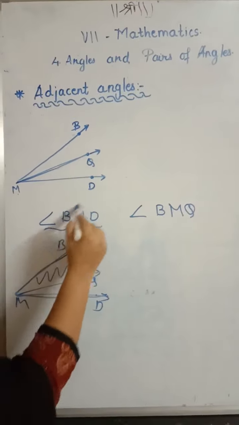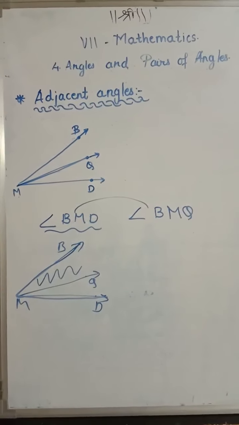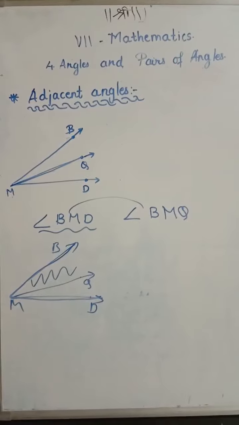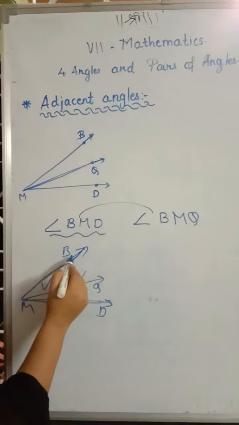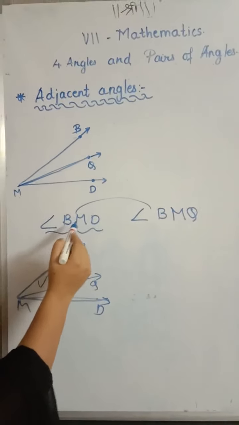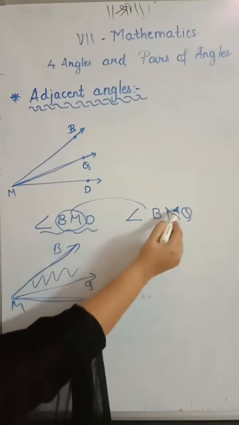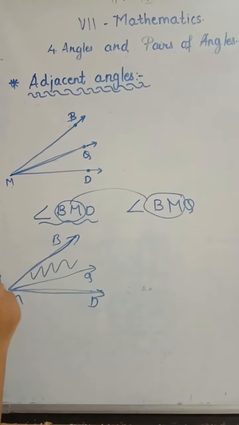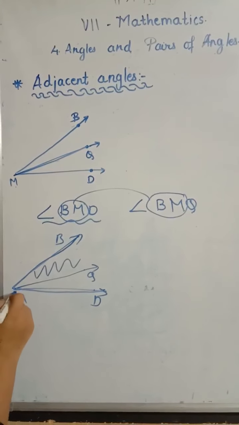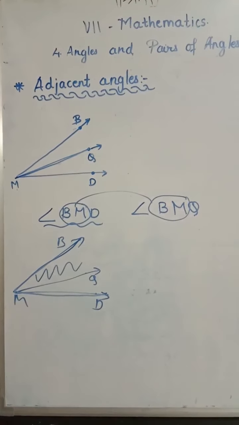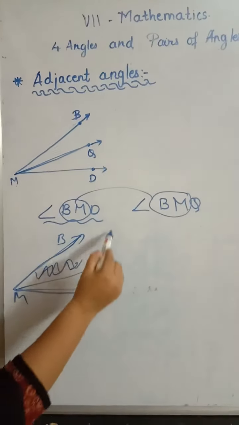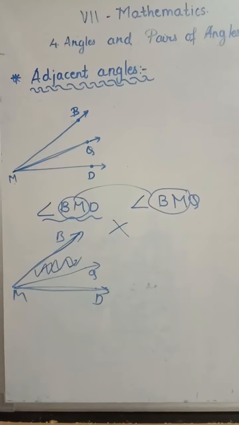Are these two angles adjacent angles? No, correct. Why? They have a common vertex M and a common ray BM, but children, they do not have separate interiors. Their interior is also common. So they are not adjacent angles.